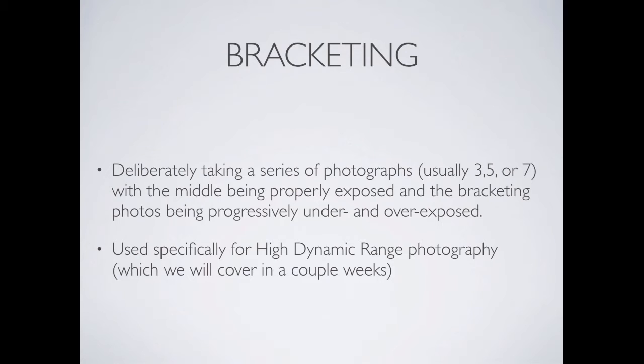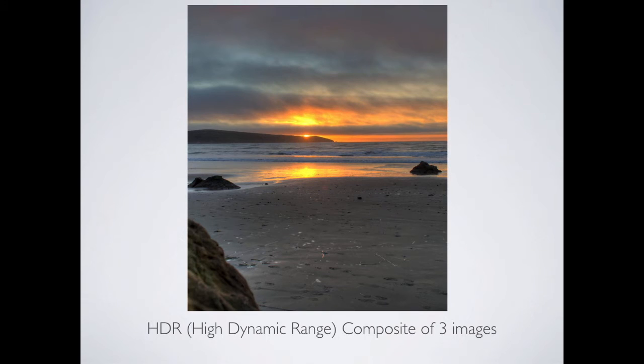Then we deliberately overexpose and underexpose the image to try to capture what was in the shadows in an overexposed image, and what was in the really bright areas in an underexposed image. It is used very specifically for high dynamic range photography, which we will cover in a couple of class periods. So bracketing is the way that we achieve it, but this is what we get out of it.